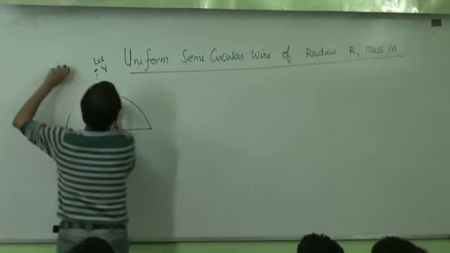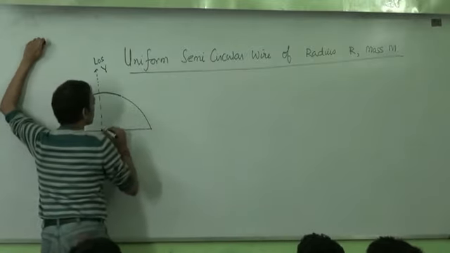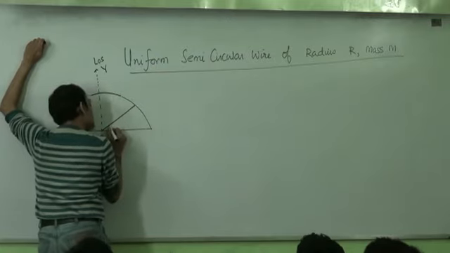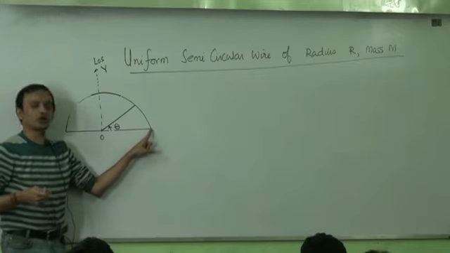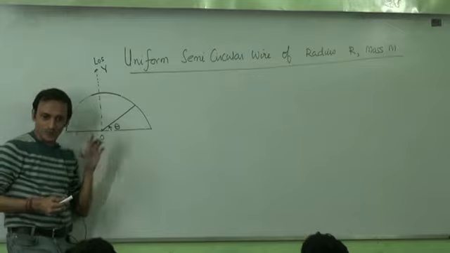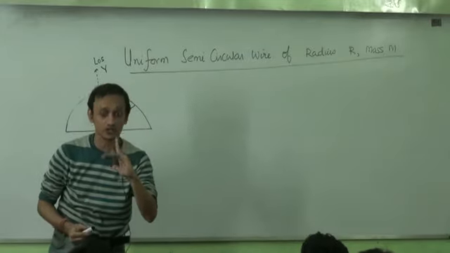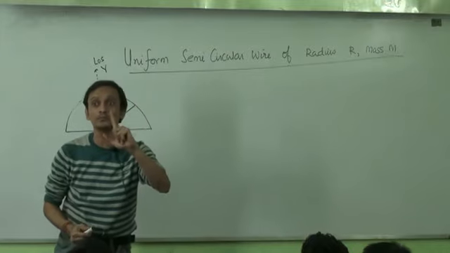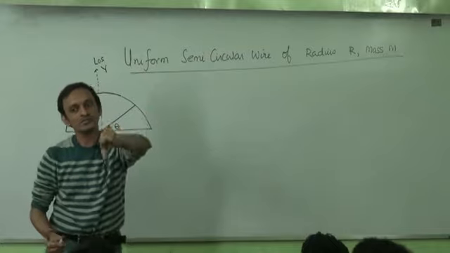So first of all, a scheme for locating a certain mass element. Realize that this theta would locate different mass elements. Theta equal to 0 will locate a mass element here. Theta equal to pi will locate a mass element here. So if theta becomes our variable of summation, then theta running from 0 to pi would include all mass elements along the semicircular wire.